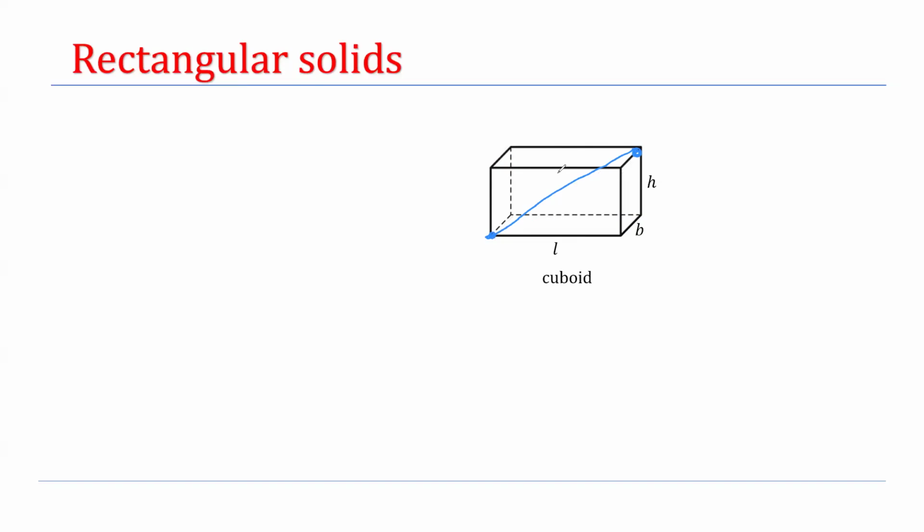What will be the length of diagonal? Sir, root L square plus B square. If you do that, you'll get this from this side to this side. You understand that?